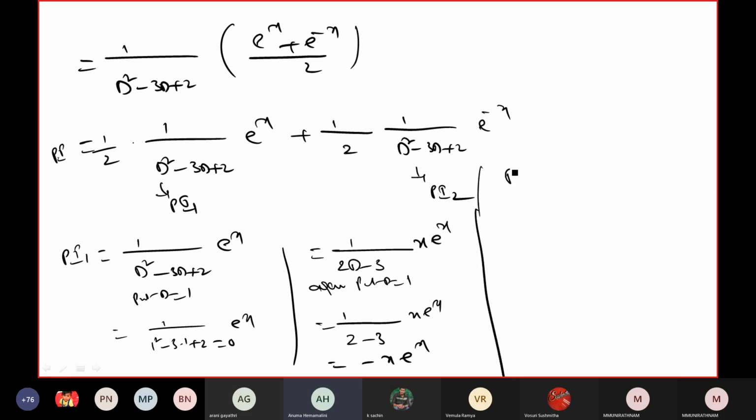Now coming to pi2. Put d equal to minus 1. Minus 1 whole square.